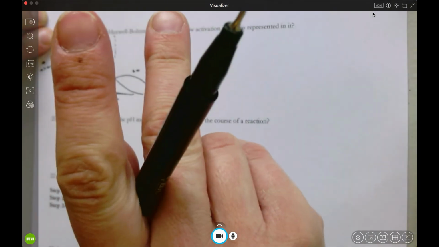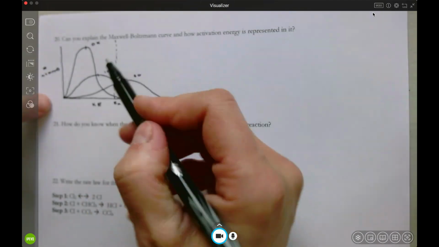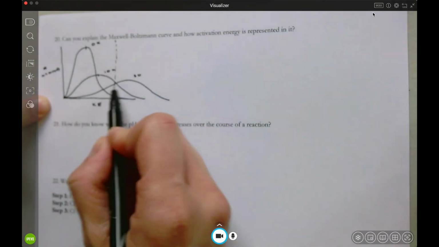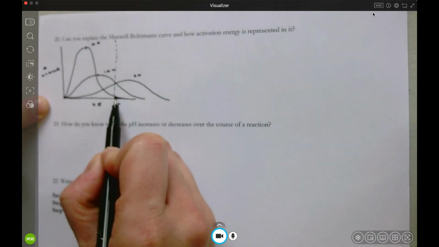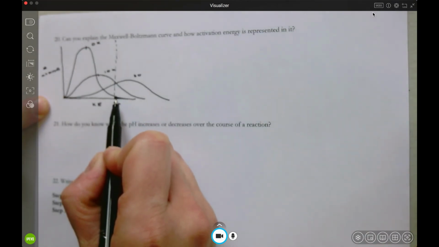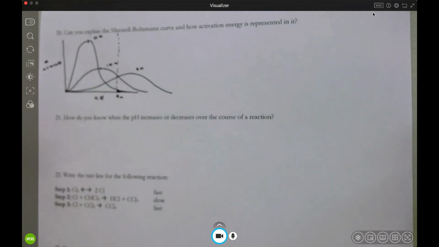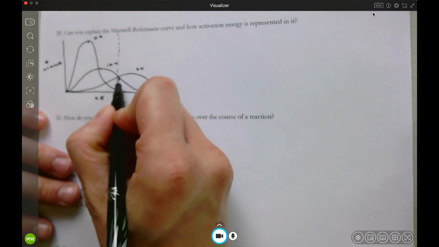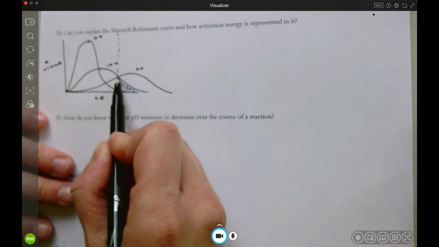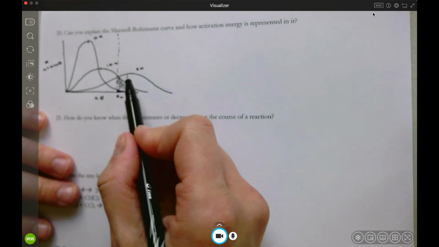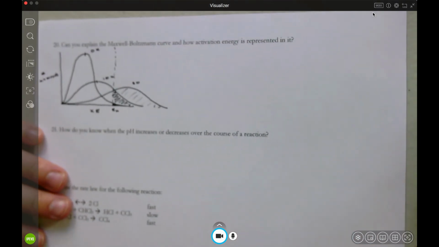The second thing you need to notice is that the overall width of it increases, and what this part represents, notice here, these are the only particles that have enough energy to overcome the activation energy for anything that's at 0 Kelvin. Notice here, all of these within this curve from here on have enough energy, and for these, all of these guys have enough energy to overcome the activation energy.